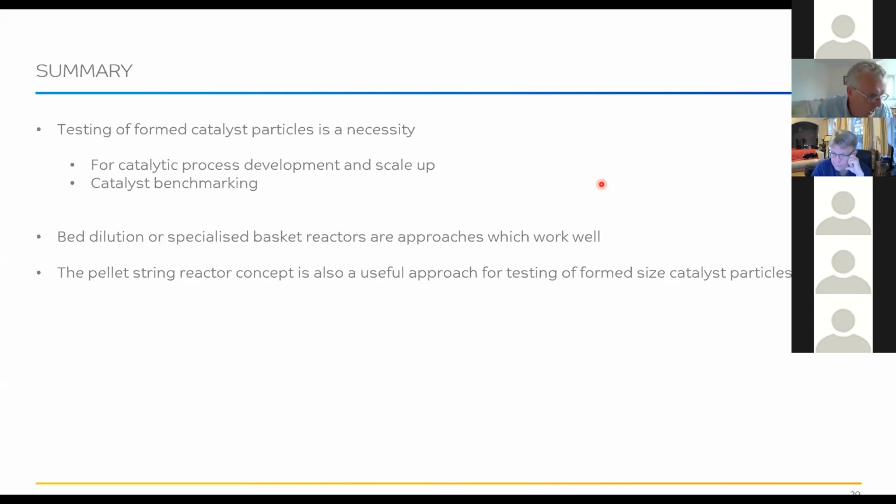When you've got low gas velocities, that's when you tend to have problems with external mass transfer. So the pellet string reactor is advantageous in that sense because you get high gas velocities, basically because the particles are close to the wall, so there are only small gaps for the gas to move through.